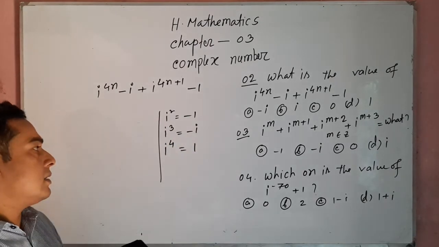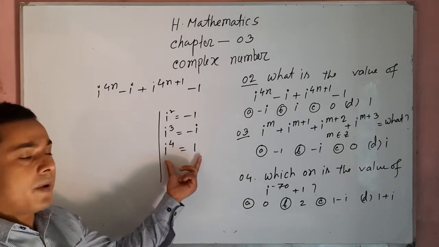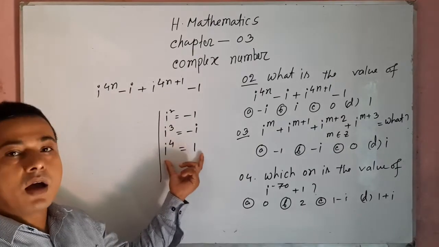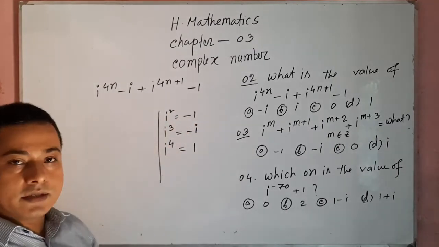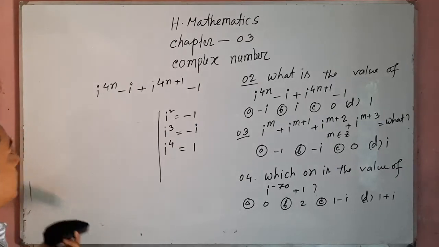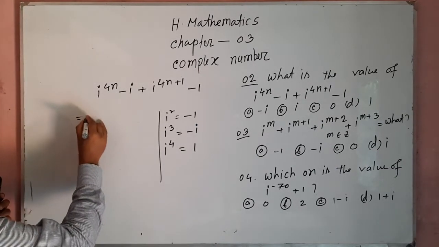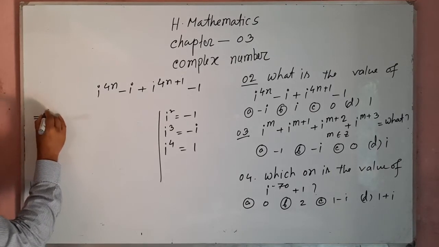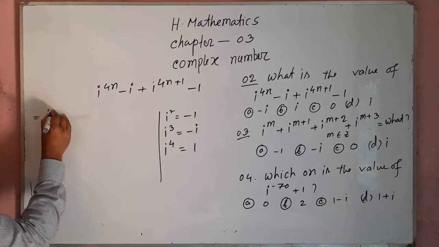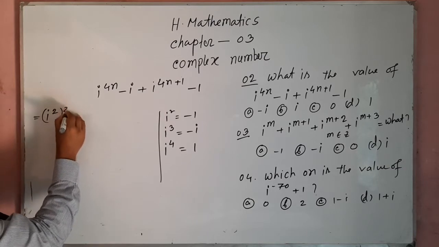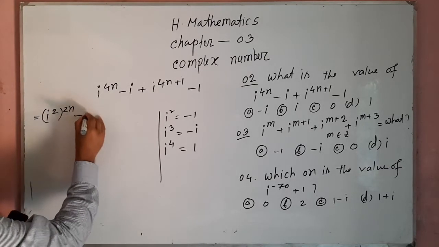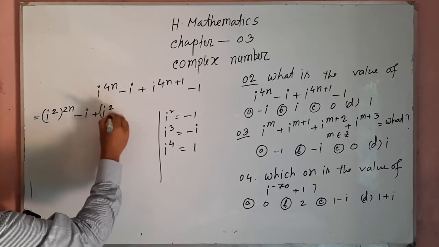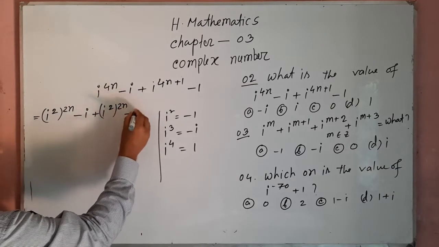If you memorize these powers of i, then you can find the other powers of i using this. But in this case, i to the power 4n means i squared to the power 2n, and minus i plus i to the power (i squared) into 2n minus 1.